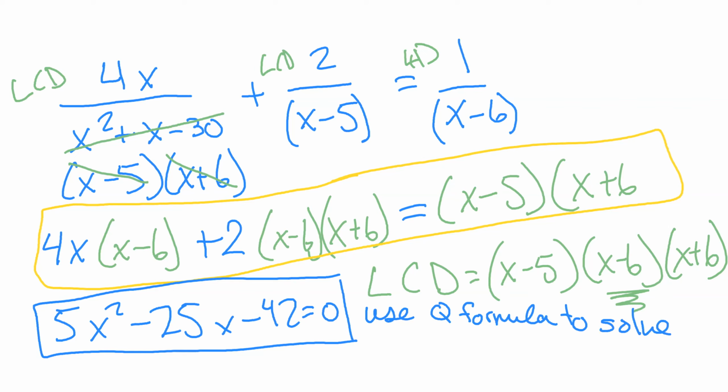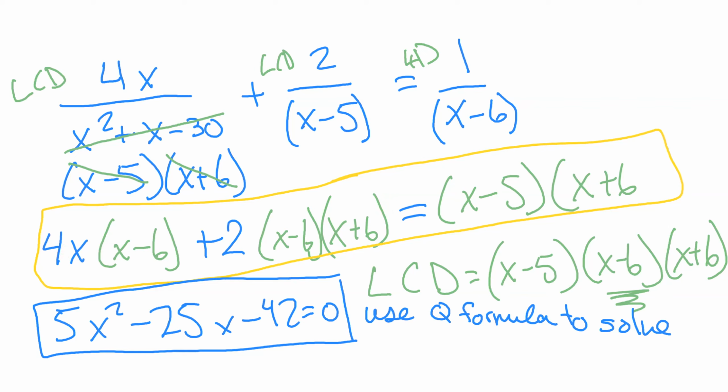And I'm not going to go through that because we've already talked a lot about using the quadratic formula. The part here that I want you to see and understand is that we had this big rational equation. We had to factor all our denominators to come up with our LCD, multiply everything by the LCD, which then eliminates the denominators and gives us an equation that we can solve.